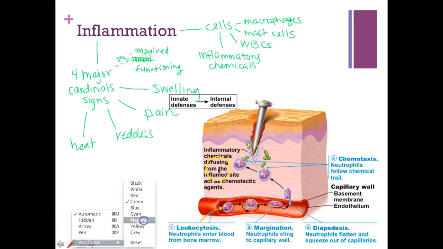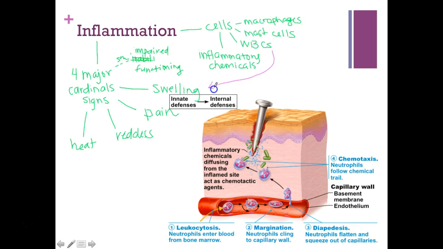So let me get my pen again. Our white blood cells are coming in and creating swelling because we're getting more blood flow to this area. And with more blood flow, we get more white blood cells that are going to come. For example, our neutrophils here and also our macrophages, which, if you remember, can be found in our tissue.